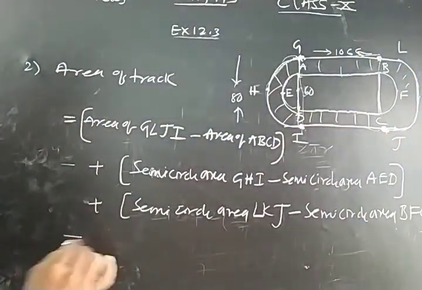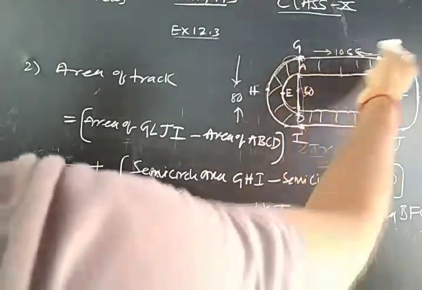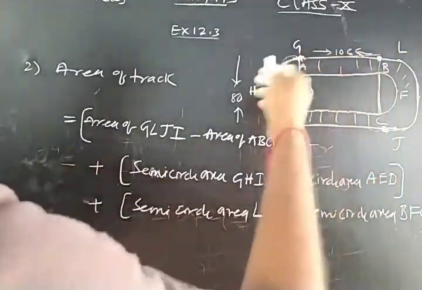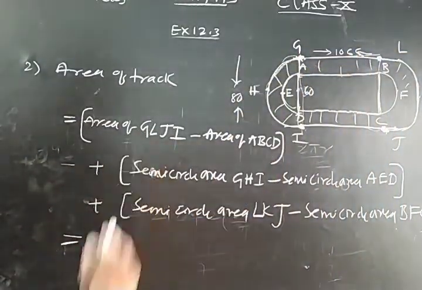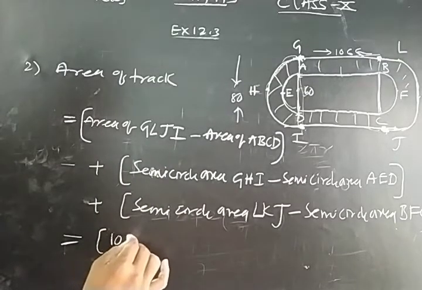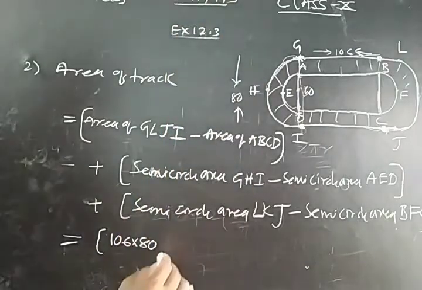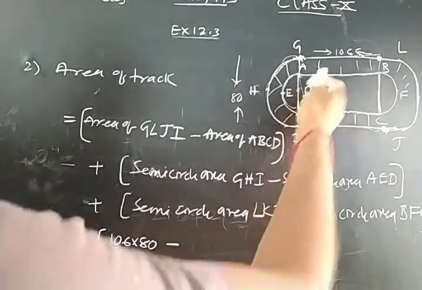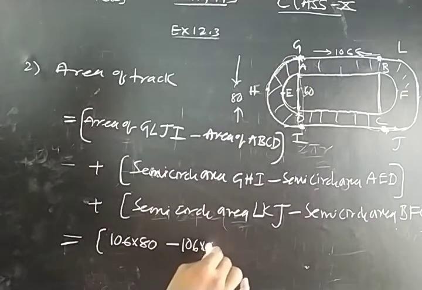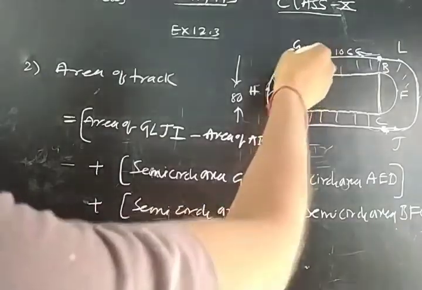Now find the area of GLJI. What is the length? 106. What is the width? 80. So area of the rectangle is length into breadth, 106 into 80, minus area of ABCD. Length is again 106, width is 60, 106 into 60, plus semicircle area GHI.